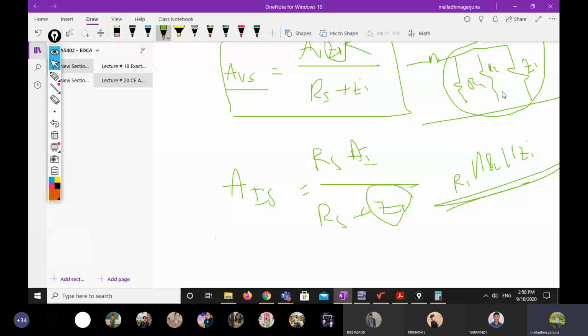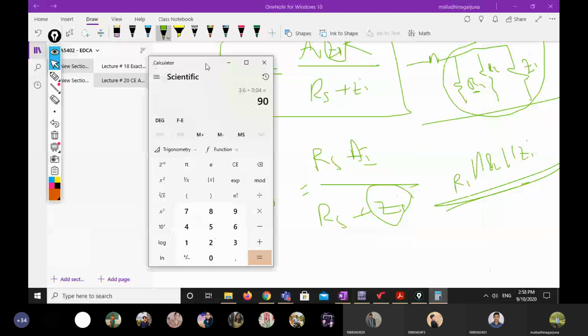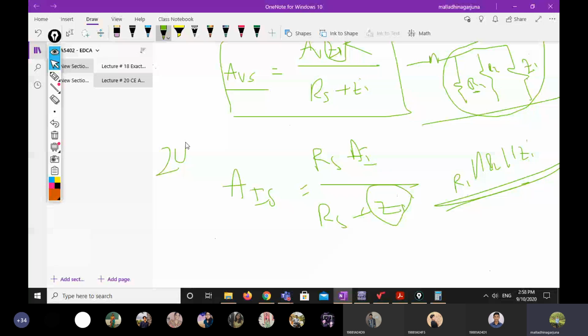Why? Because anyway, just now I took R1. How much did I get? 24 point something, right? 24.36K, I think. So 24.36K parallel to 4.57K parallel to, and ZI is 1.1K.